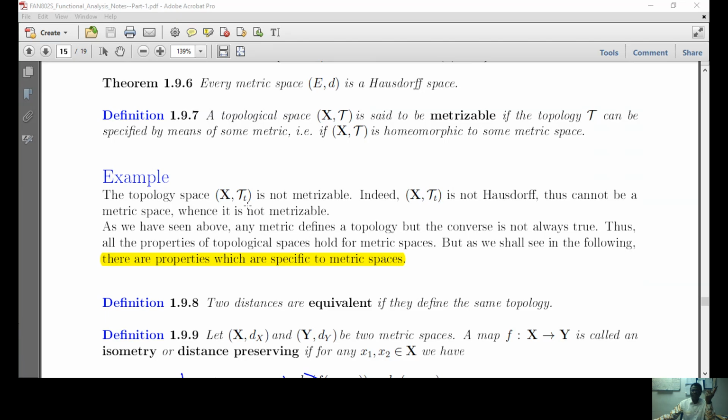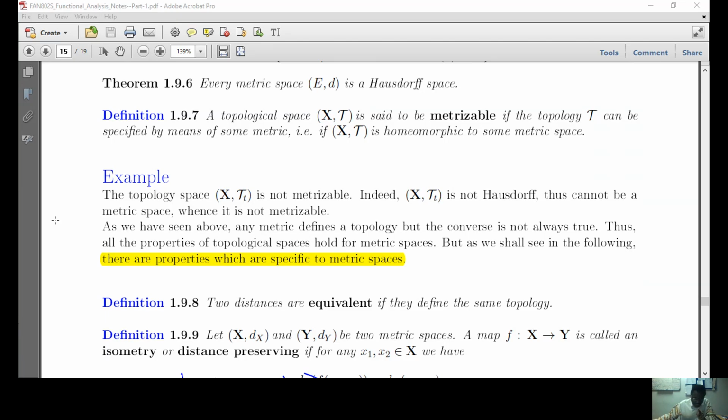If you remember, we saw the discrete topology and the trivial topology. The discrete topology was the topology P(X), and the trivial topology was the topology that consists of the empty set and the set X itself. That's what we call the trivial topology.